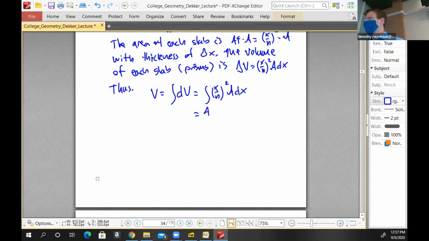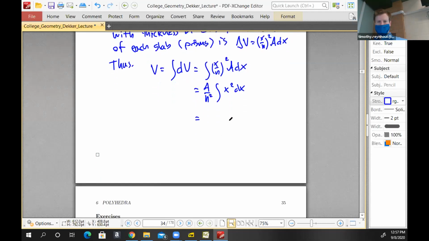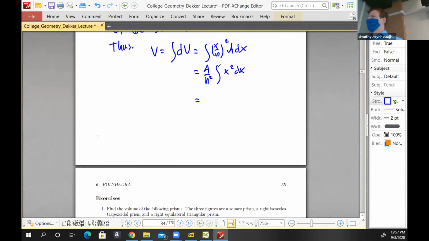So this is A over h squared times the integral of x squared dx. In this case, this is a definite integral, so we would be integrating from 0 to h, the height of the pyramid.